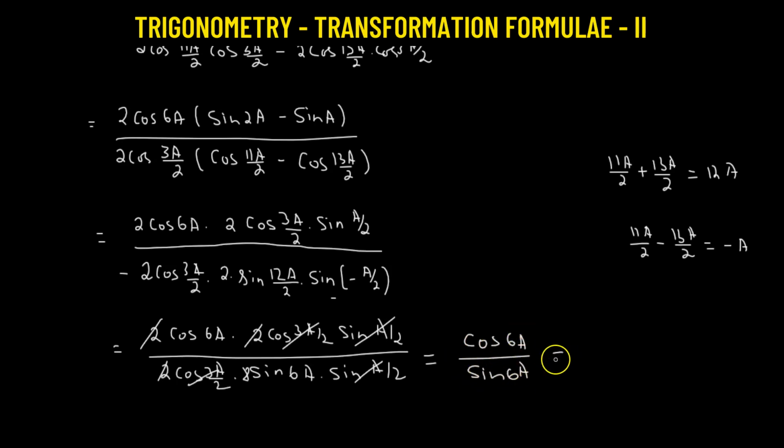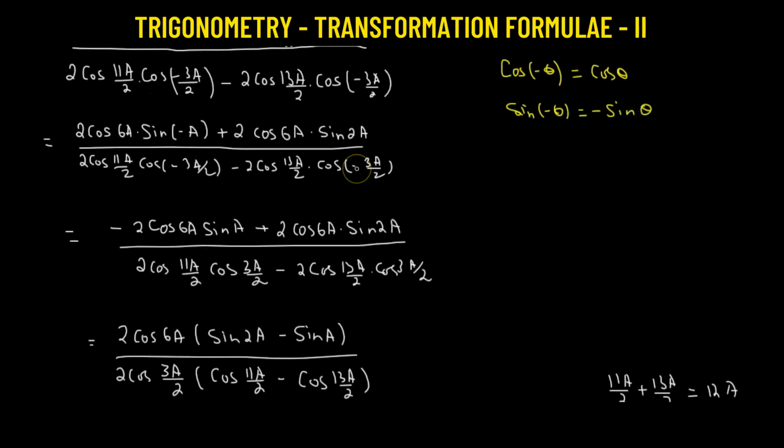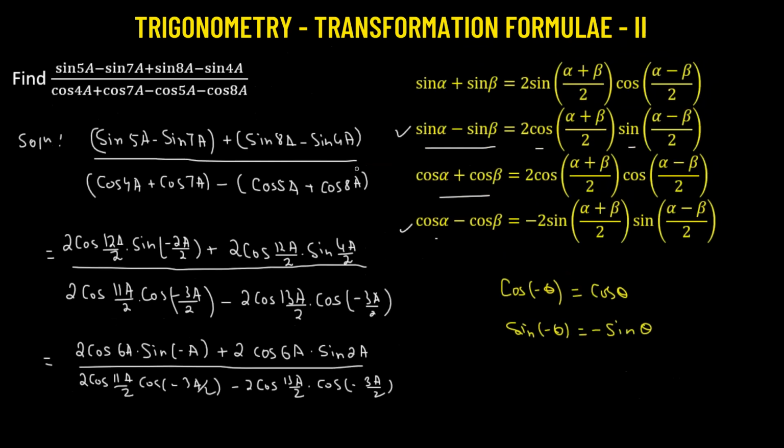So this ratio is nothing but the cotangent function. So we get cotangent of angle 6a. Therefore, the value of the expression given by sine 5a minus sine 7a plus sine 8a minus sine 4a divided by cosine 4a plus cosine 7a minus cosine 5a minus cosine 8a is going to be cotangent of 6a.